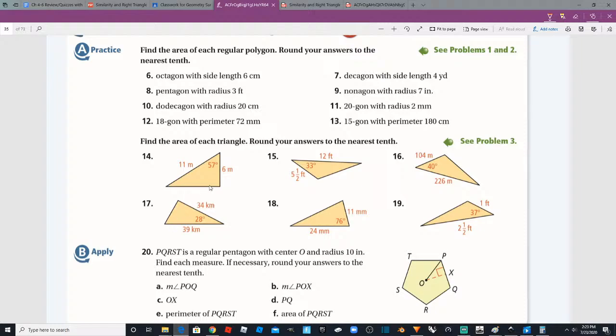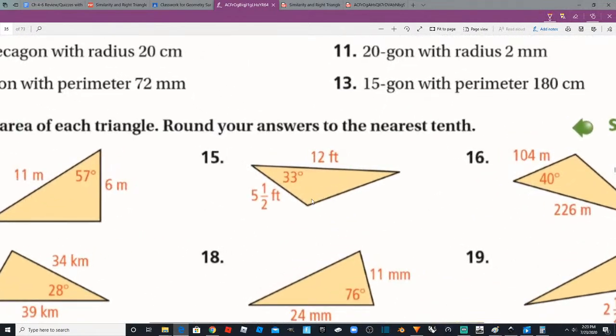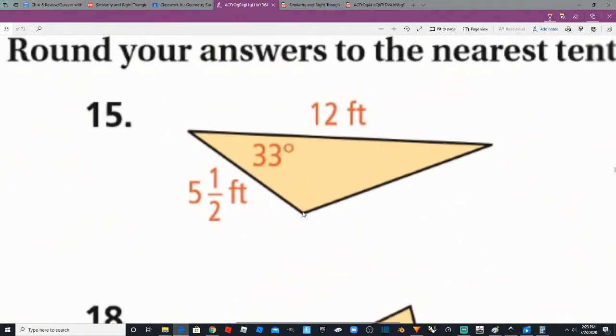But let's go ahead and do this problem. Let's go with number 15. So number 15, let's draw an altitude. I'll put it up close. So that's the altitude I want.